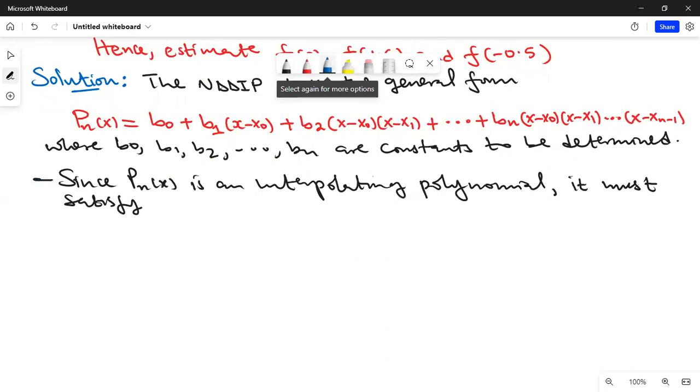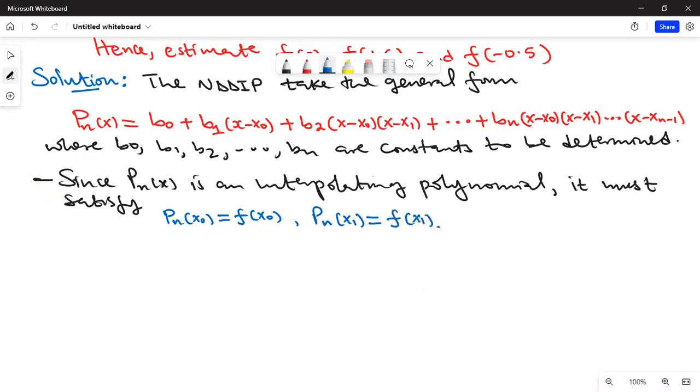the tabulated points. So what we mean is that Pn of x0 must be equal to f of x0. Pn of x1 must be equal to f of x1.